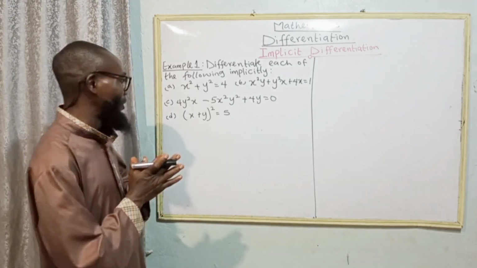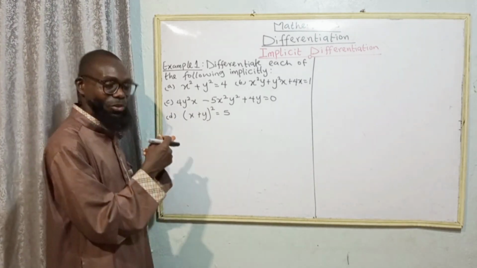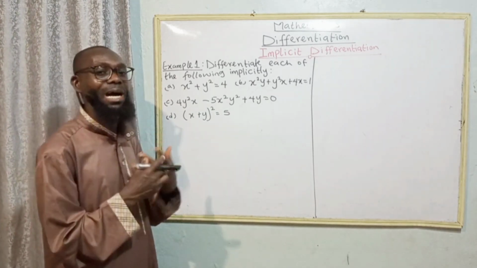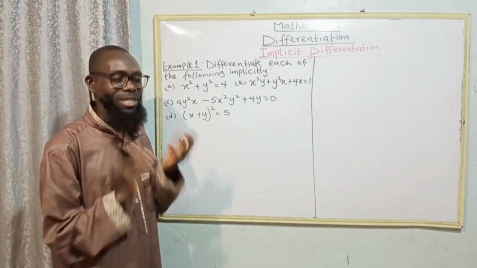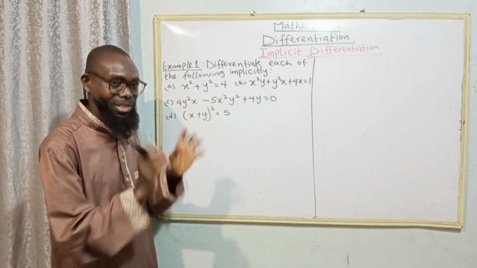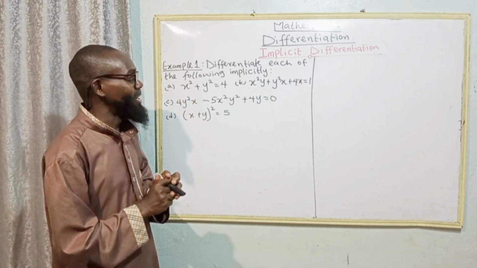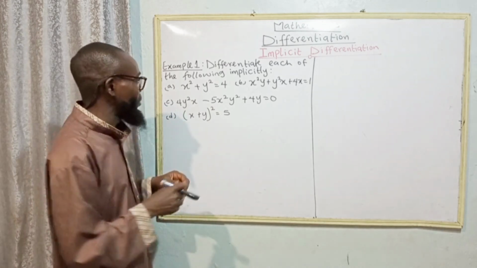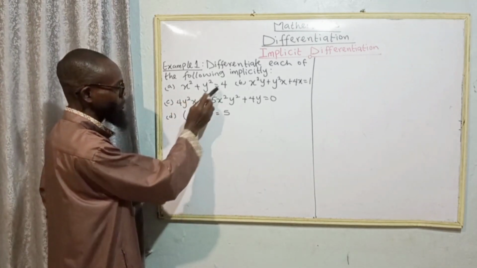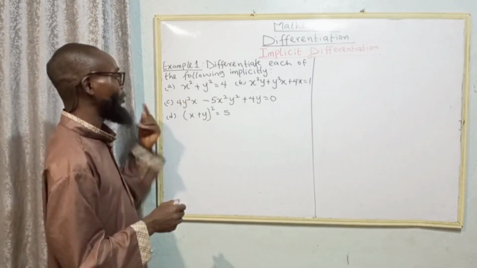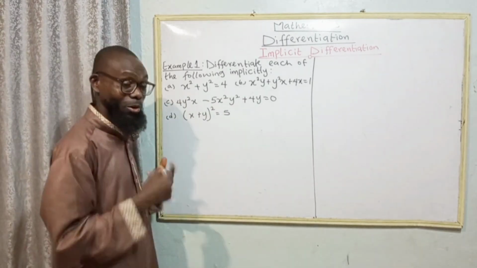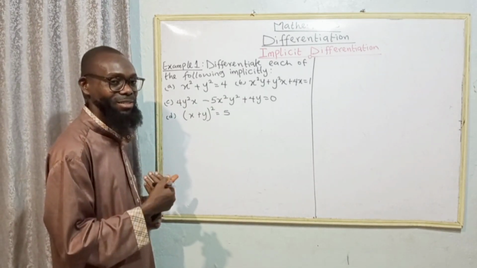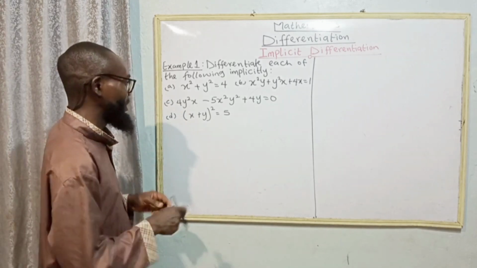But now, this is implicit differentiation, in which the two letters we are talking about are in the same expression. Look at this: x squared plus y squared is equal to 4. It is not y is equal to x squared. But now, x squared plus y squared equals 4. They are inside. Now, how do we go about this?